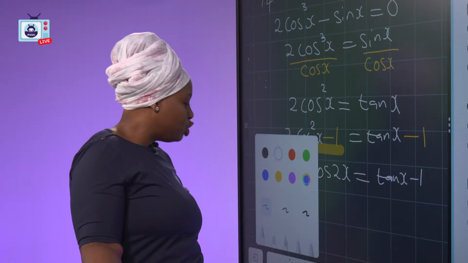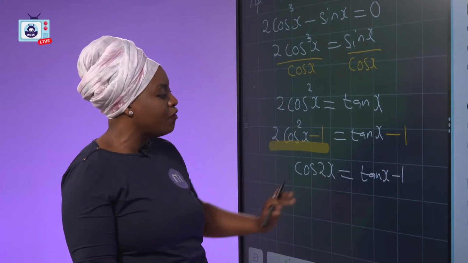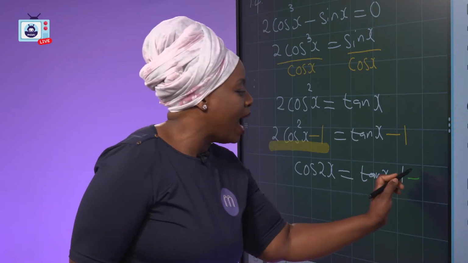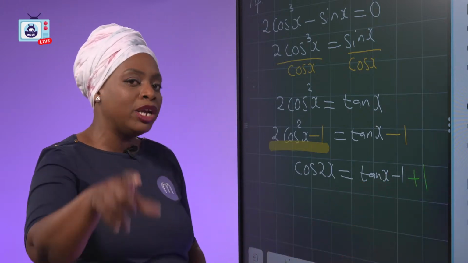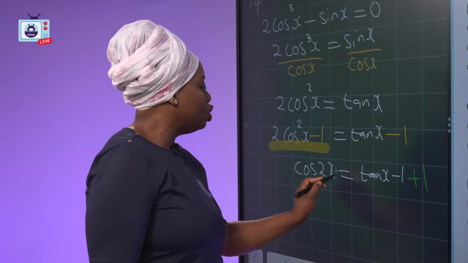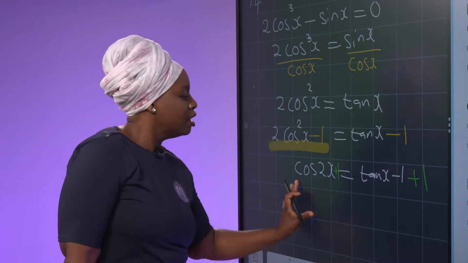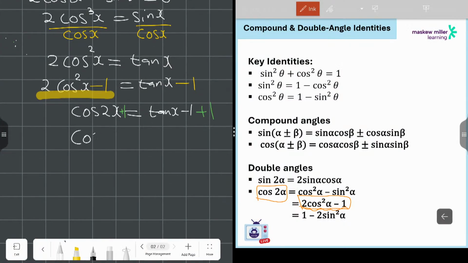So what are we going to do? We are going to add the 1 on both sides of our equation. If I add 1 on the right, I remove the minus 1. What I do on the right, I must do on the left as well. So that means I would end up with cos 2x plus 1 equals tan x.